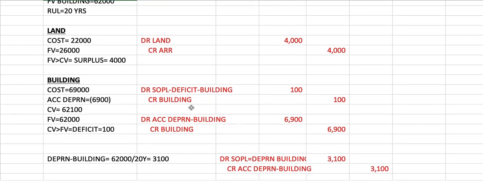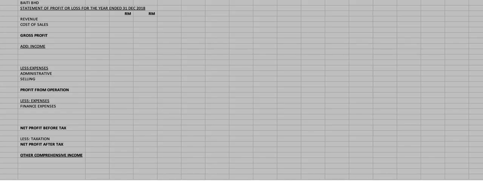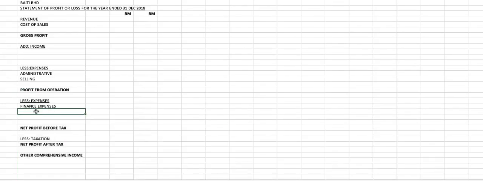Next journal entry, debit SOPL and credit building. So credit building, you minus building 100, and you debit SOPL deficit. So you go to your SOPL here, and write down deficit on building, which is 100. So the deficit here is minus.